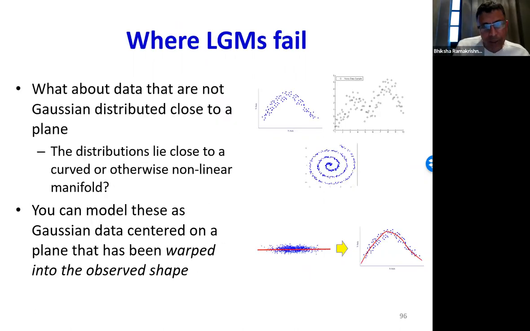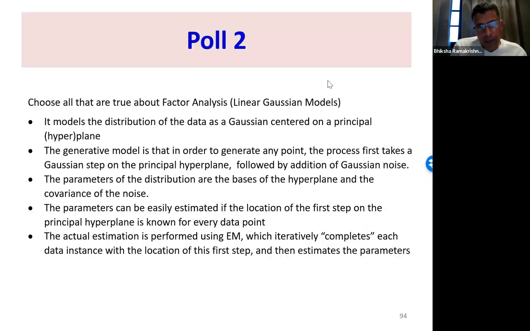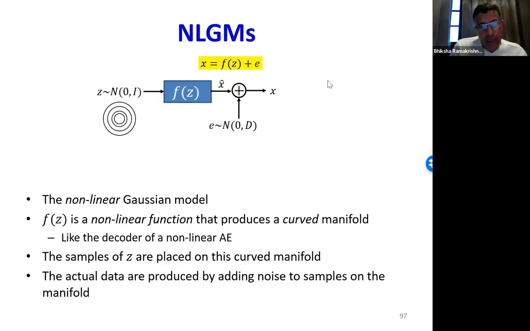So we're going to do this. This is just like your linear Gaussian model, except that this linear transform is now going to be converted to a nonlinear transform. And so you're going to say that I have a nonlinear Gaussian model where f is a nonlinear function that produces a curved manifold. Remember how the decoder in your autoencoder sort of bent the surface into a higher dimension?